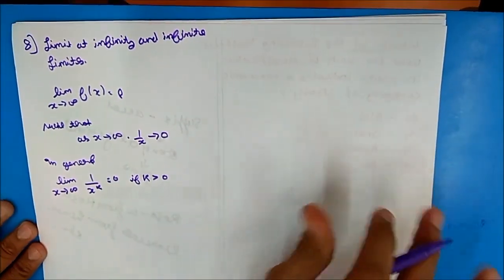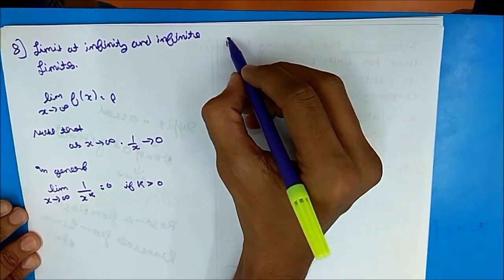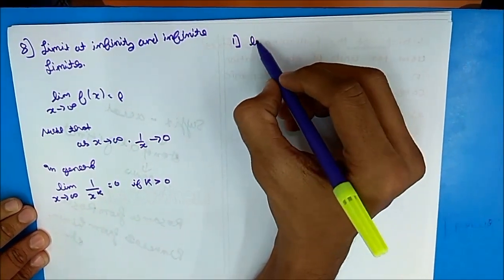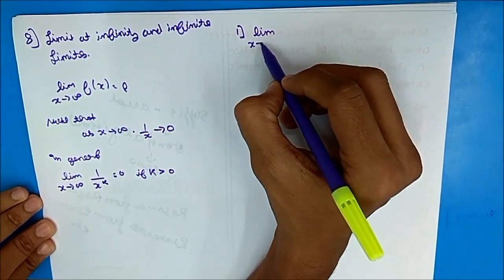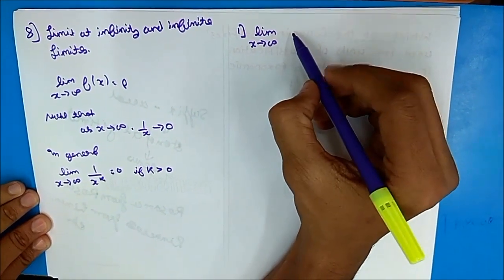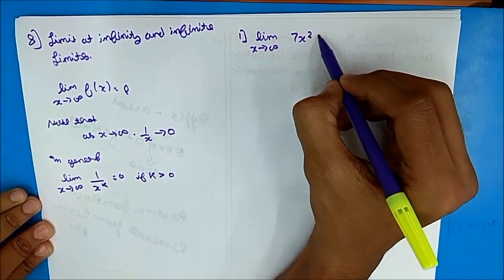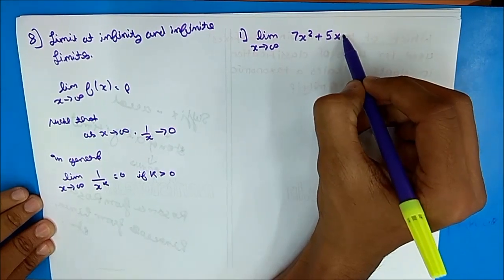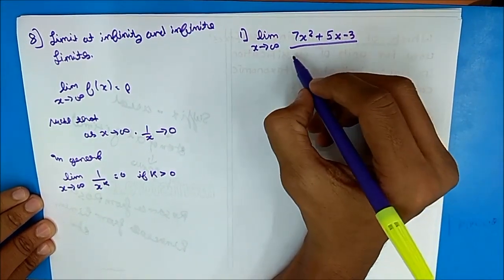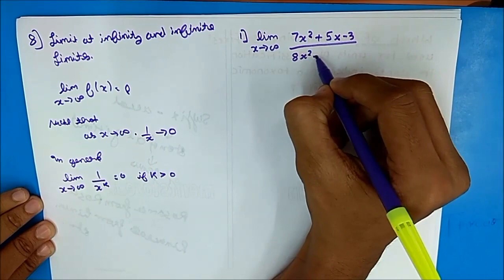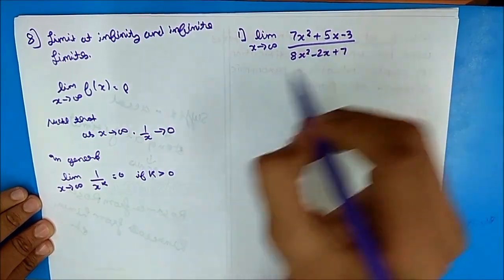So now let's solve some sums to get some hands-on experience. Limit x tends to infinity, (7x square plus 5x minus 3) upon (8x square minus 2x plus 7).